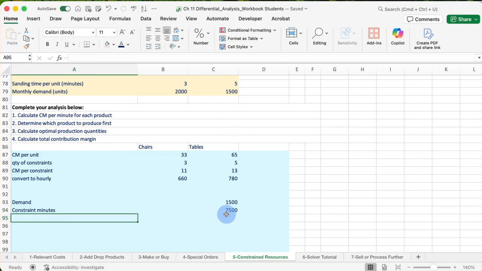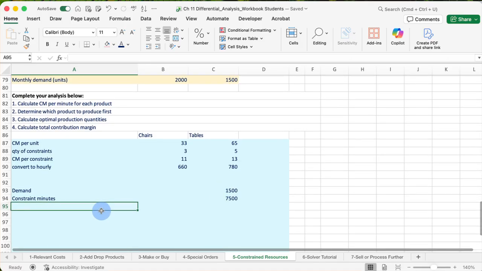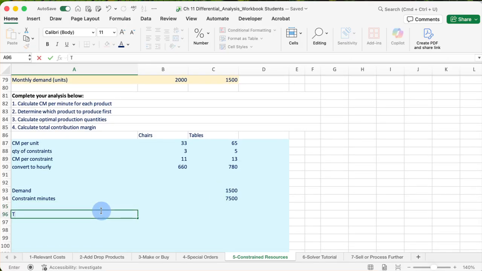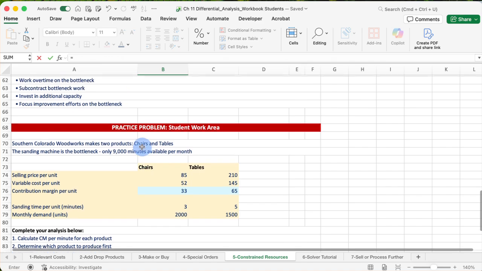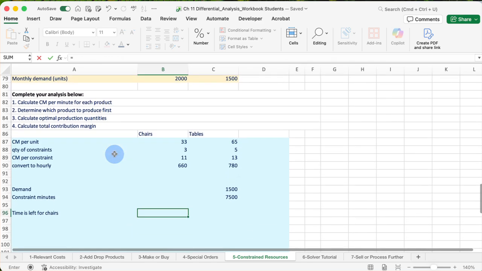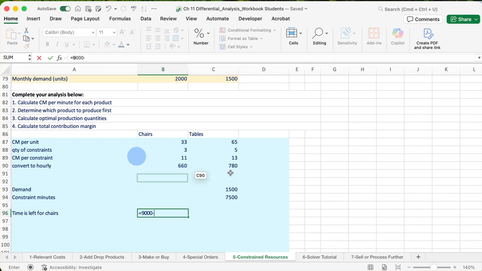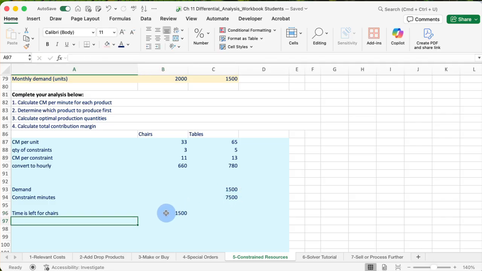So it's going to require 7,500 minutes of time to produce all 1,500 tables. That's going to lead us to figuring out how much time is left for chairs. And so if we have a total of 9,000 minutes, 9,000 minus the 7,500 we've already used means that there's 1,500 minutes left that we could use for chairs.